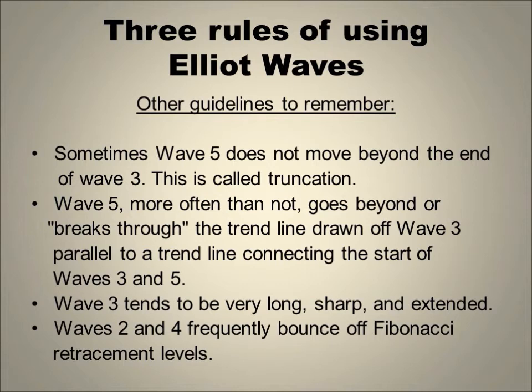Okay, so other guidelines to remember. Sometimes wave number 5 does not move beyond wave number 3. Wave number 5 can actually consist of many people who are not knowledgeable about the market and don't realize that it's too late to make a profit. There are many people like that. And that could be the reason why wave number 1 is smaller than wave number 3 and wave number 5.